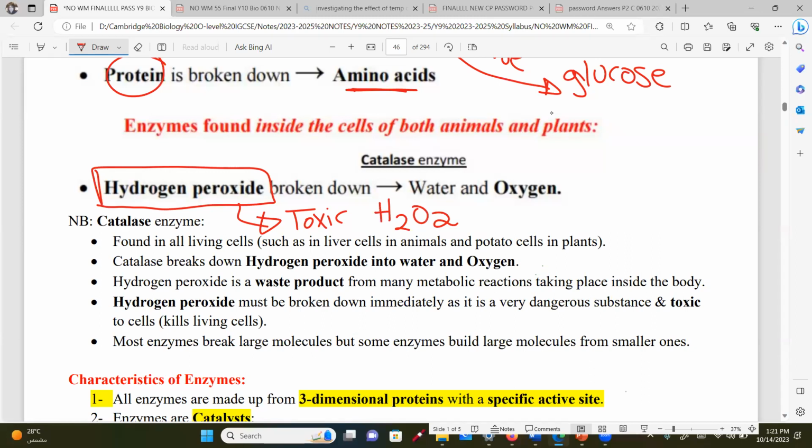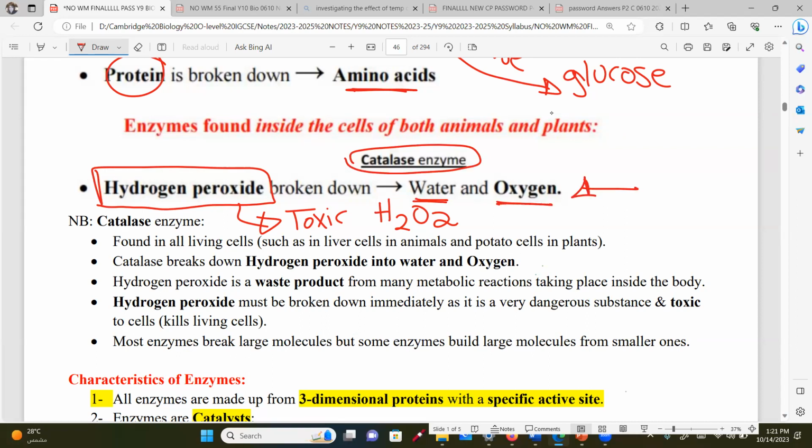So hydrogen peroxide is very toxic. It is H2O2. It is the product of a lot of chemical reactions in your body. It cannot stay in your body because it will kill your living cells. So it will have to be broken down. It is broken down by an enzyme called catalase into two harmless products, which are water and oxygen. So please memorize this reaction.